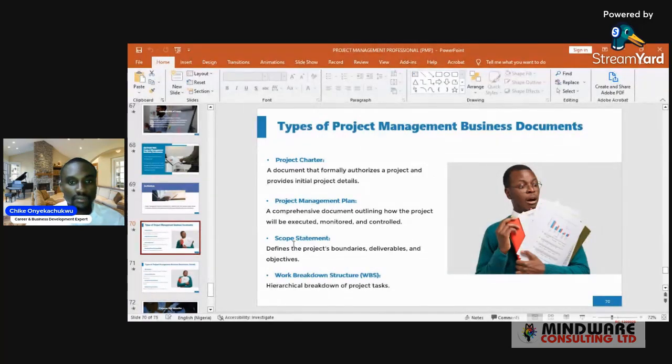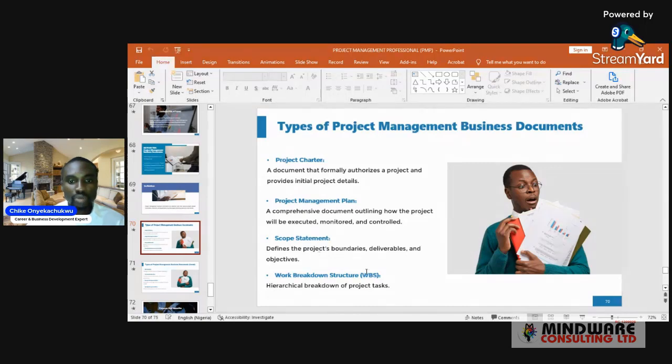Next, we have the scope statement. The scope statement defines the project's boundaries and deliverables in document form. And I talked about that initially when we were talking about project scope management.